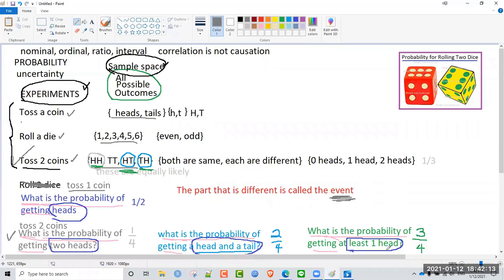In fact, in the definition of event, I want to use the words sample space. Somehow I want to define event in terms of the sample space. So, can anybody do that?